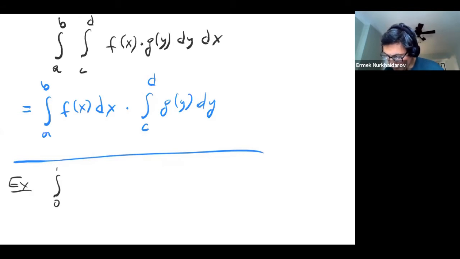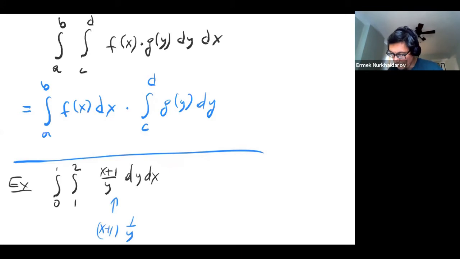Example: 0 to 1, 1 to 2, of (x plus 1) times 1 over y, dy dx. If you look at that expression inside, that is x plus 1 times 1 over y. You see that it's a product of two parts, one with x, one with y, so we can split them.